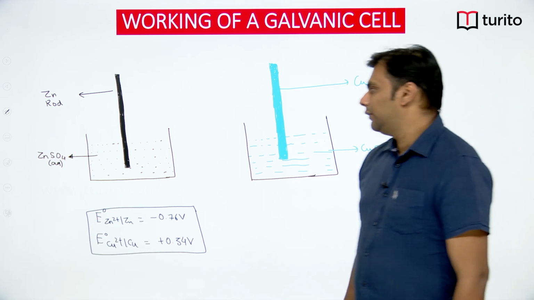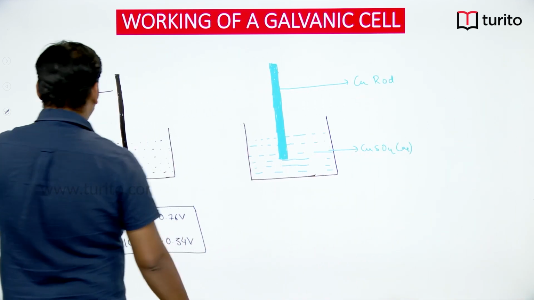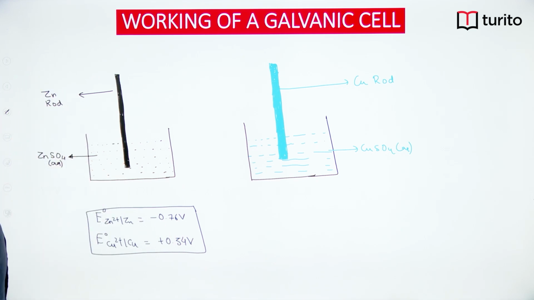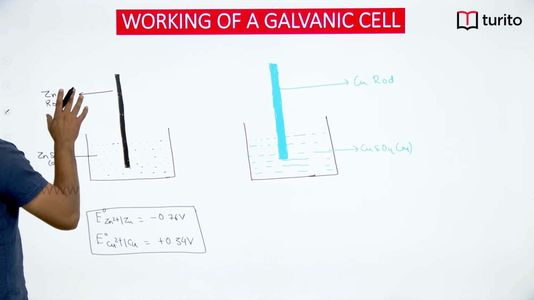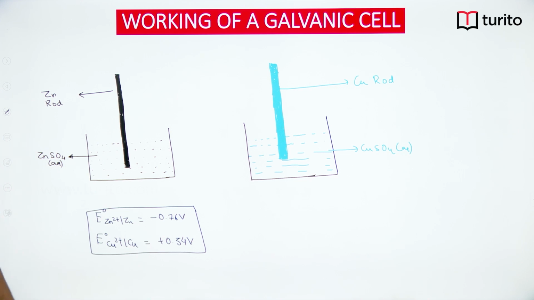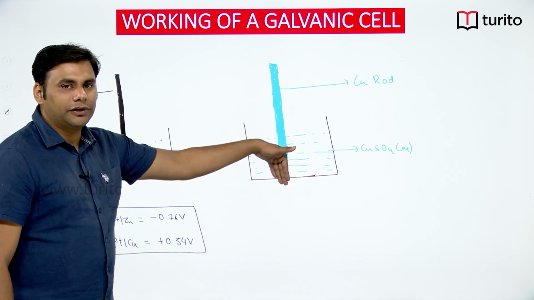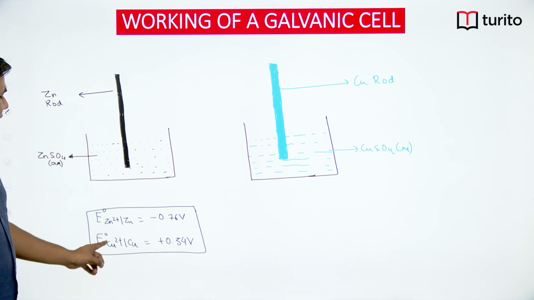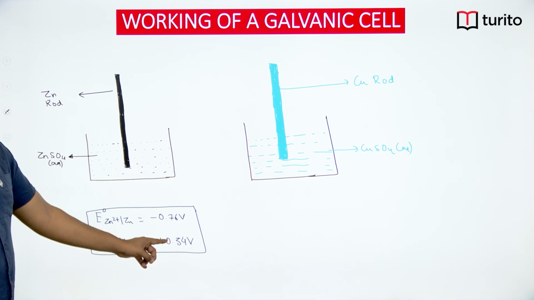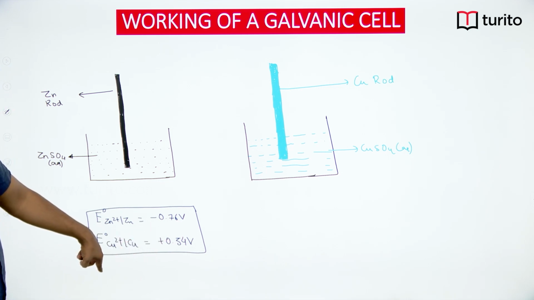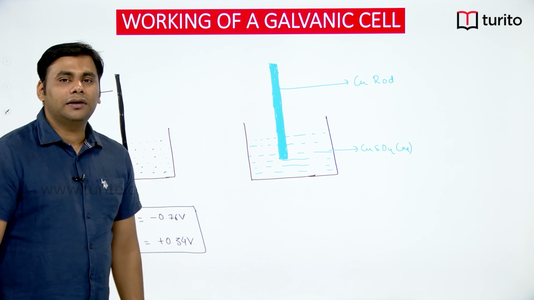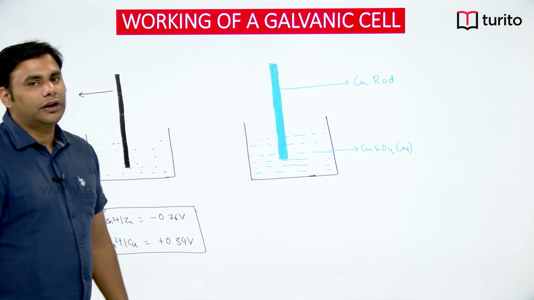So when you have taken a zinc rod dipped into the zinc sulfate solution, basically the oxidation of zinc would be happening, and if you have dipped copper in the copper sulfate solution, you can see that the reduction potential of copper 2 plus is positive, whereas the oxidation potential of copper would be negative. So in this case the reduction of copper 2 plus would take place.